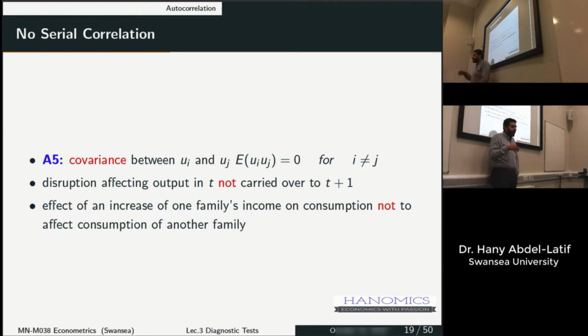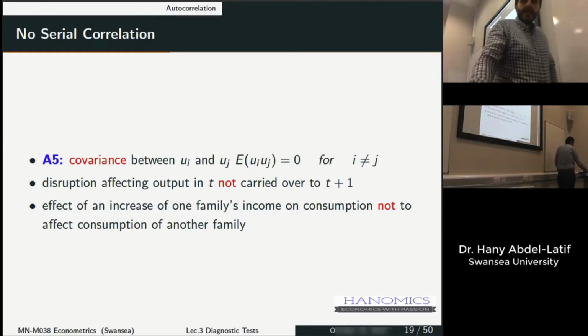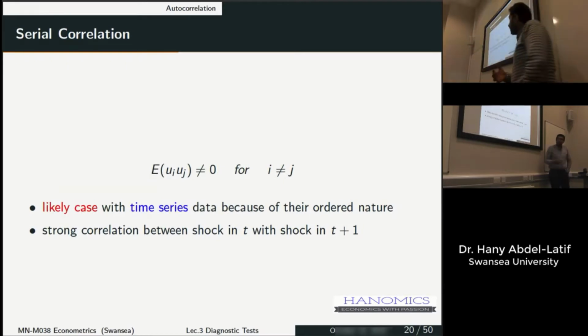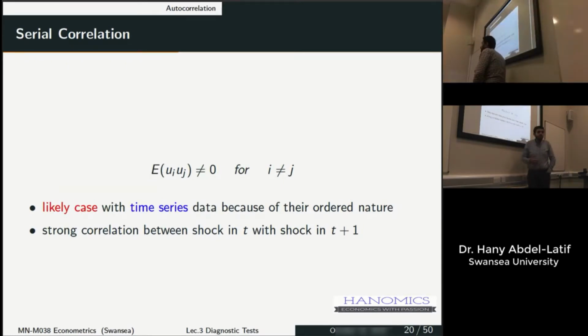As you can expect, this is a problem that usually comes with time series data, not cross-sectional data. In most time series data, you have the errors correlated. We want them uncorrelated, but in time series they are, because of the nature of the data, ordered in time.